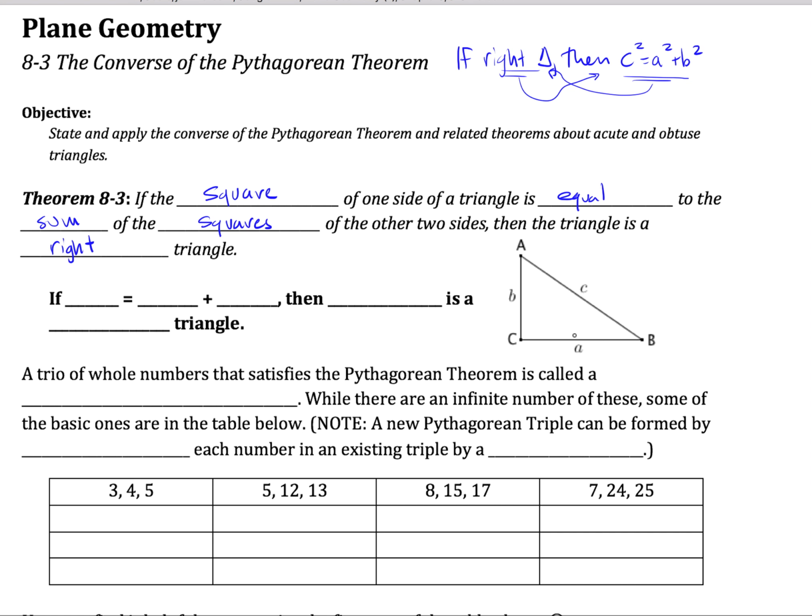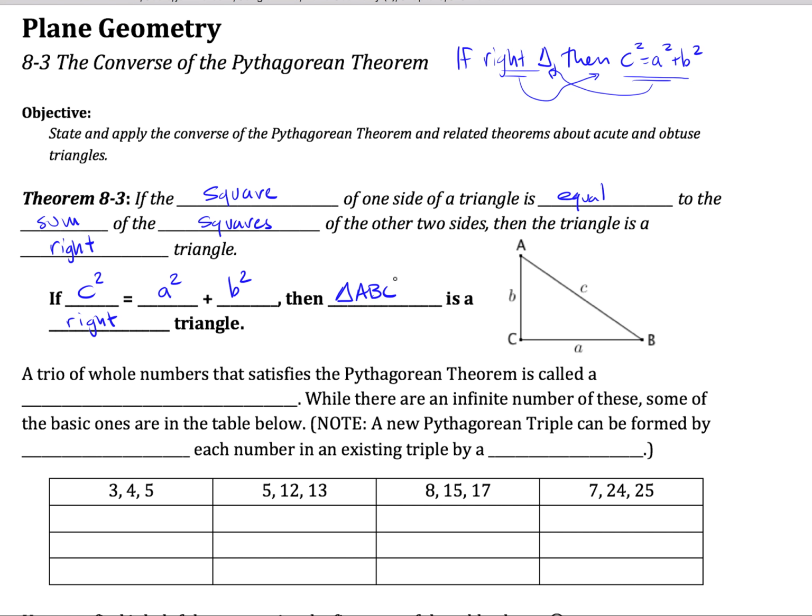Or, in other words, if we had this diagram here, and if we knew that c squared is equal to a squared plus b squared, then we would know that triangle ABC must be a right triangle.